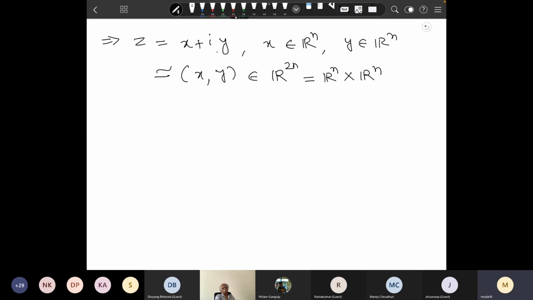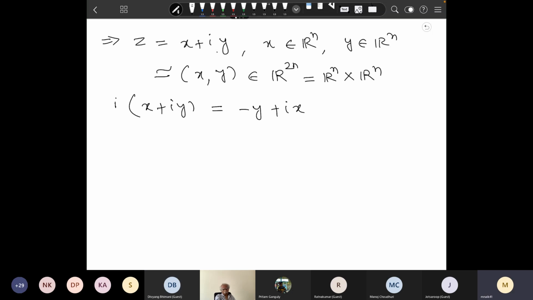Now the scalar multiplication by i: I know that on C^n, the scalar multiplication by i is the complex structure. So I need to see what it translates to on R^2n. i times (x plus iy) is nothing but minus y plus ix.